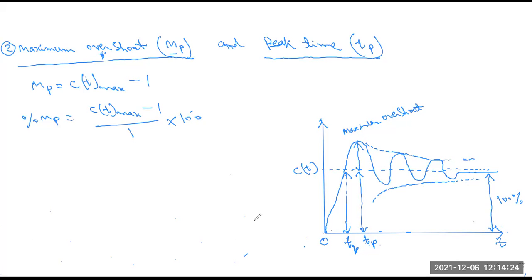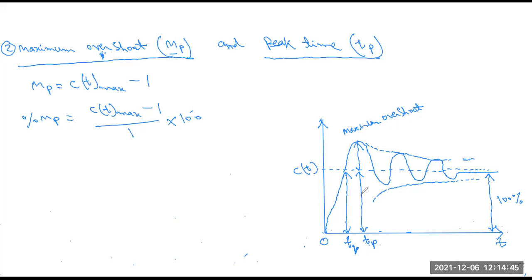So here 3 terms we have to learn. First, TR, the rise time: the time needed for the response to reach 10 to 90% or 0 to 100%. Another one is TP, the peak time.